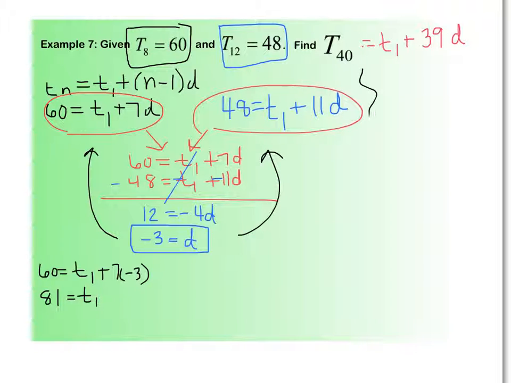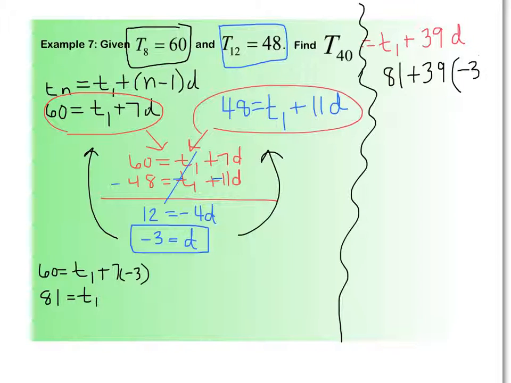Now, after all that, we can finally go back to what we originally wanted to solve, which was T1, which we now know is 81, plus 39 times d, which we now know is negative 3. And in the end, the answer to this question is that T40 is negative 36.